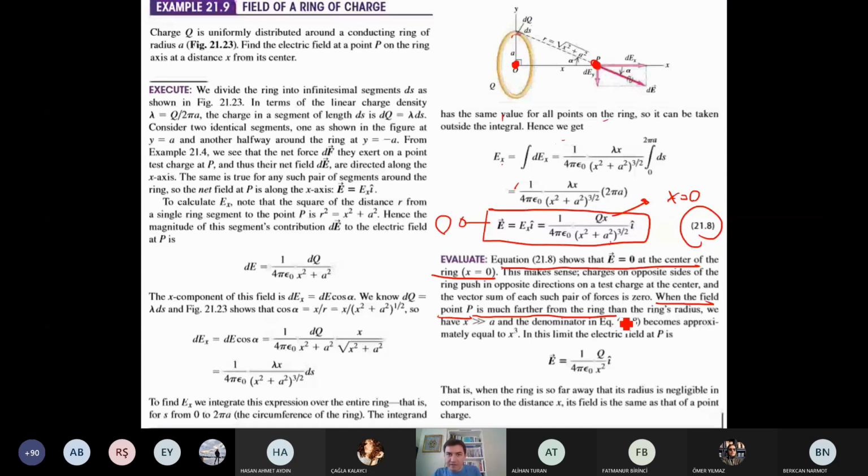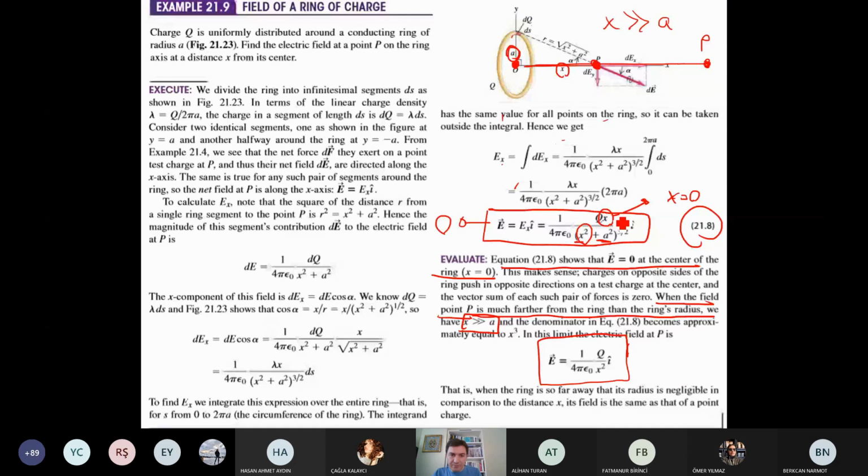So this is the x, this is the radius of the ring. But if the point is here, now I have another point, and this is the x distance. And the x distance is much bigger than the radius of the ring. Then what will happen? Look at this equation. Here I have x, and here I have x and a. If this x is much bigger than a, then this part of the equation will be like this. Let me do that like this.